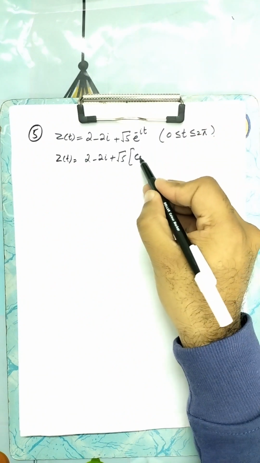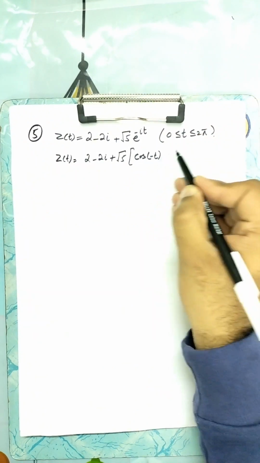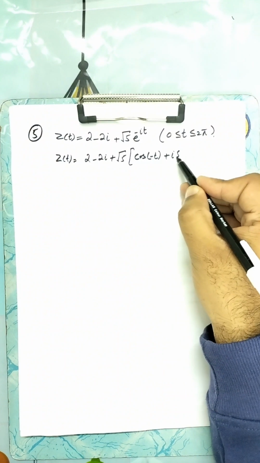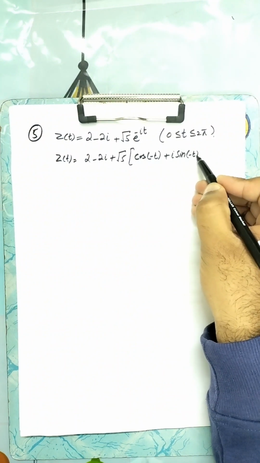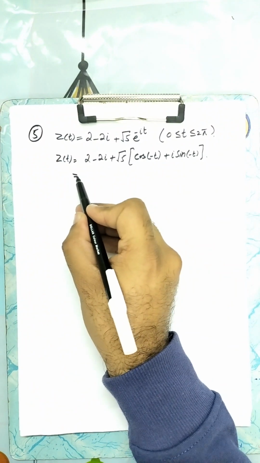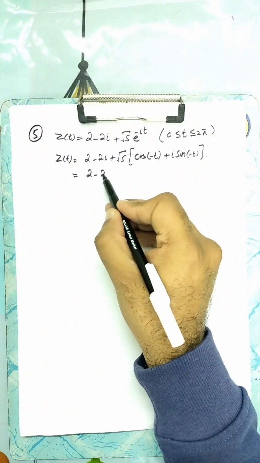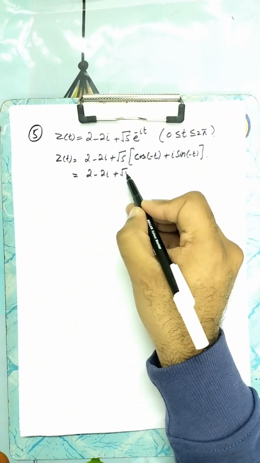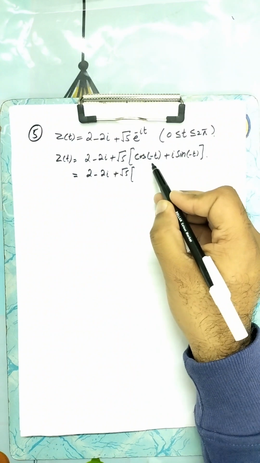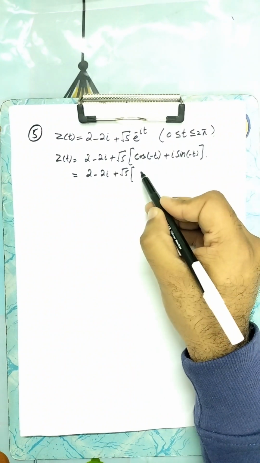So this is equal to cos(-t) + i sin(-t), and this becomes 2 - 2i + √5, and cos is an even function, so the minus sign is omitted.